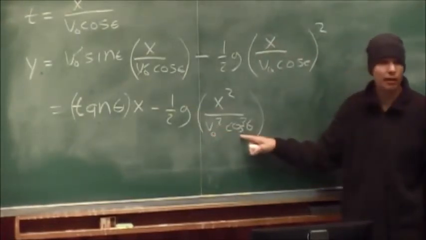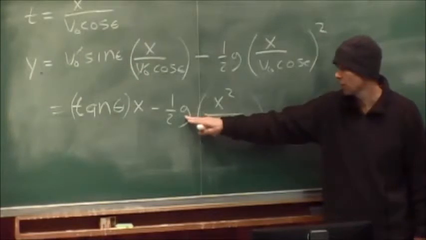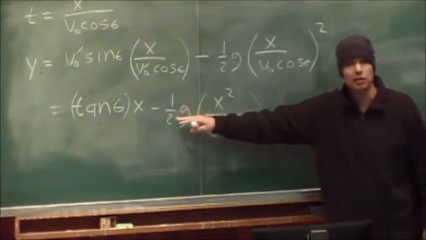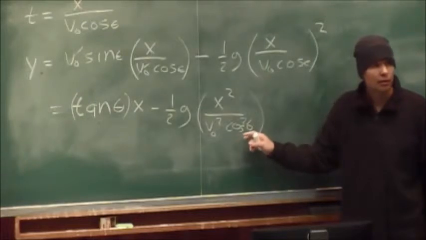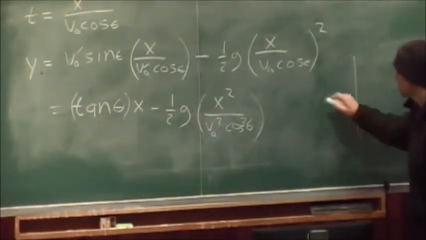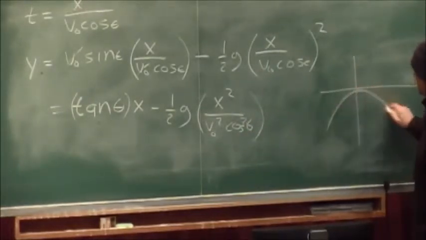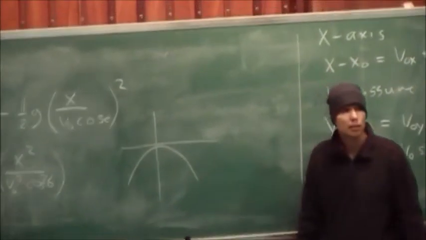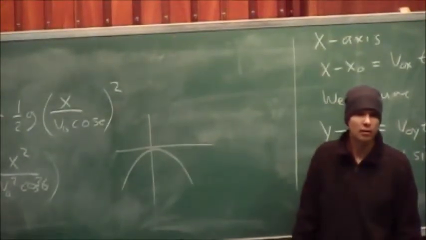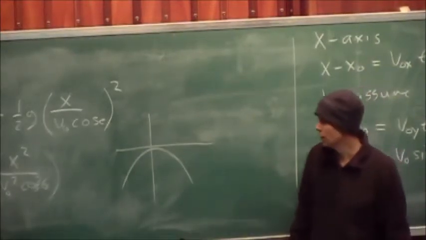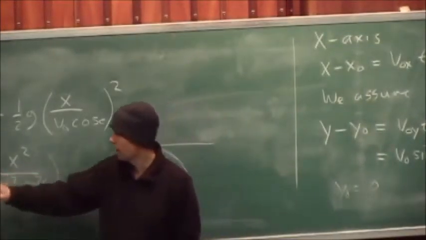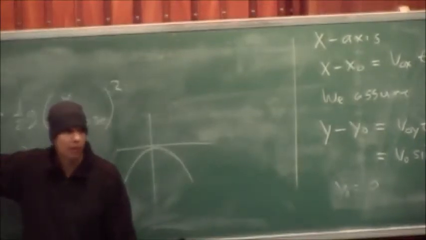This is a constant, this is a constant, and that basically defines a curvature associated with that parabola. So it would look something like this, right? When x equals 0, y is equal to 0. What I'm drawing here is ignoring this.